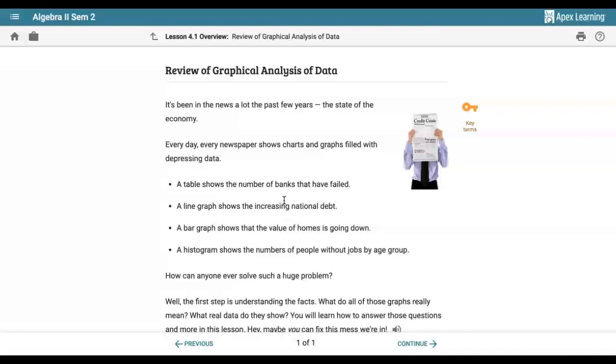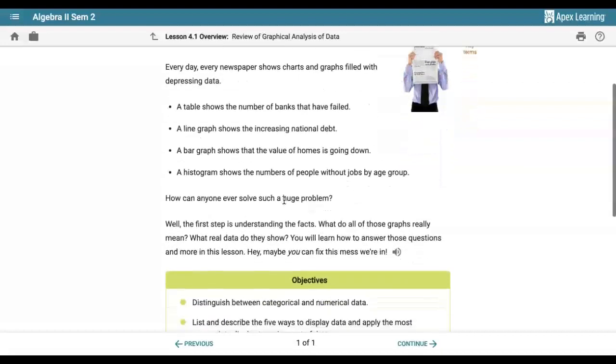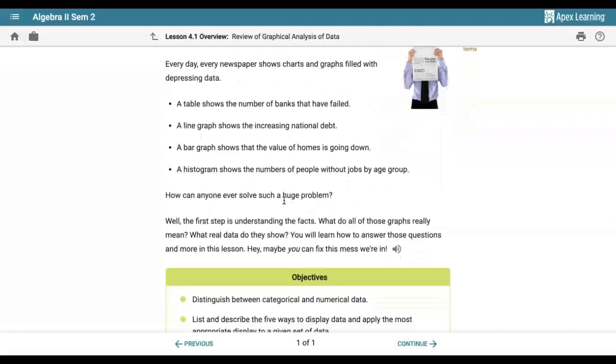Okay, and just a couple examples are tables showing numbers of banks that have failed, a line graph showing an increasing national debt, a bar graph showing the value of homes is going down, histogram showing the number of people without jobs by age group, right? So there's a lot of data always being flashed at us here, all right? And obviously, one of the problems here is how well do we understand what's going on, right?